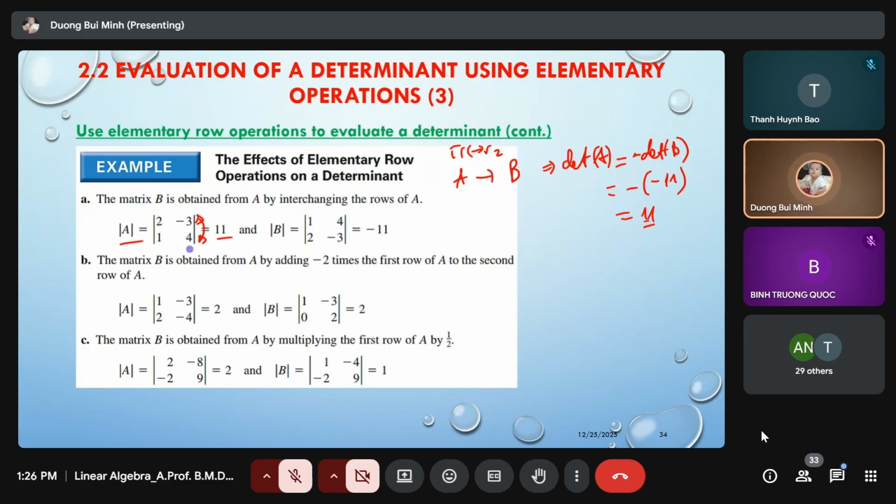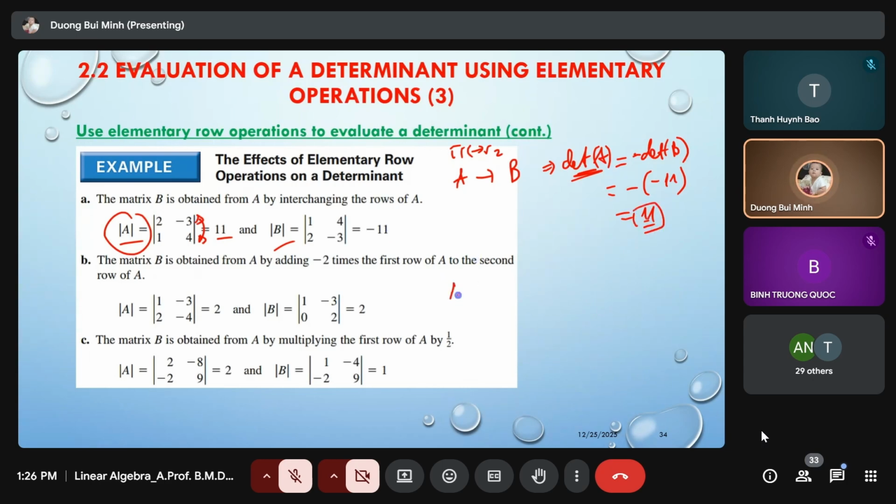Why? Because our purpose is to calculate the determinant of A, not B. So that is the reason we need to follow that the determinant is minus the determinant of B. The determinant of B is minus 11, so you get 11.